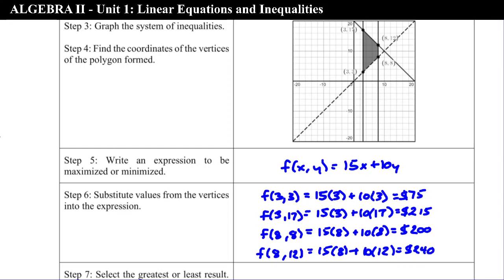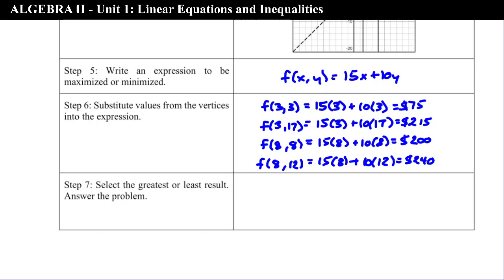From this list, we can clearly write down what the maximum she earns is.